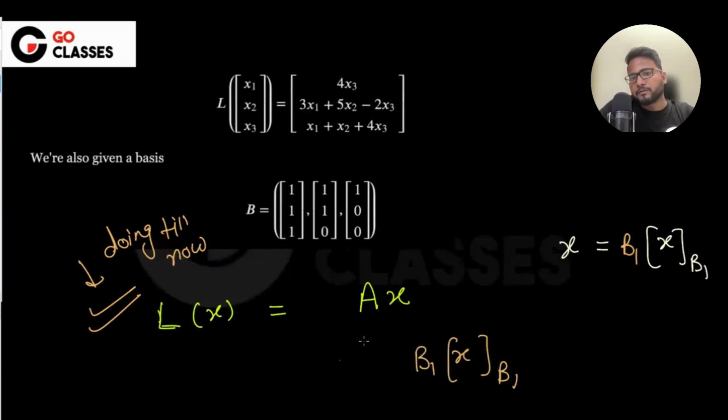Is this okay to everyone? And A here as it is. And finally, you have some transformed vector, let's suppose this is v. That is also in the standard basis, right? This is a transformed vector in the standard basis. This is what we have been doing till now.